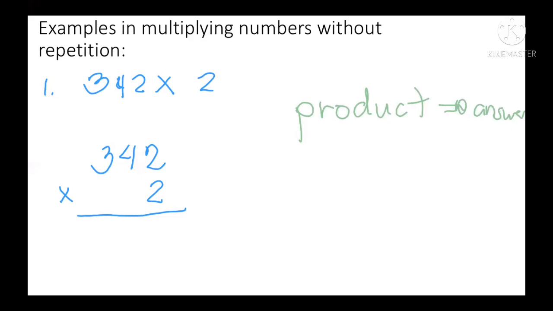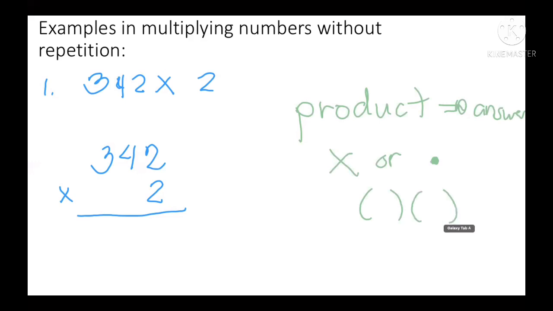The symbol for multiplication is either X or a center dot. Other symbols, they also use brackets, something like that.